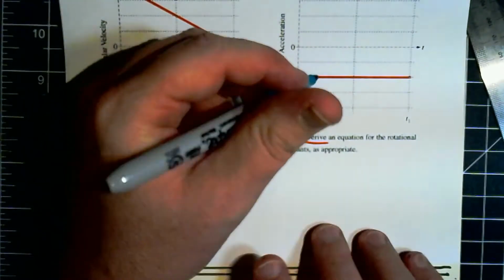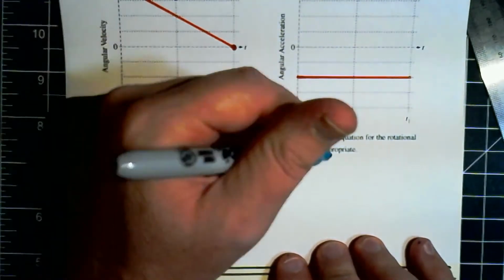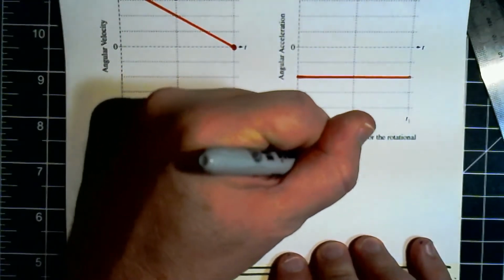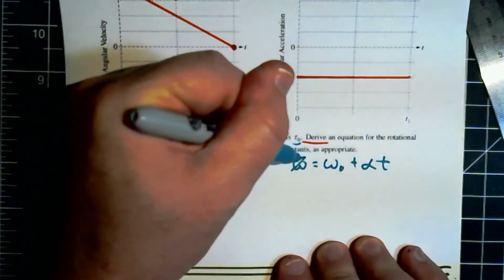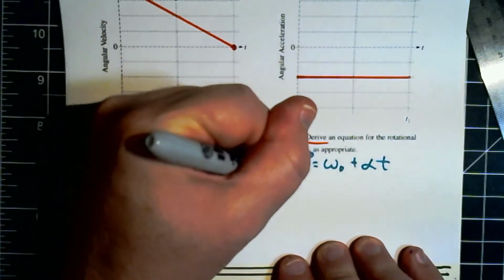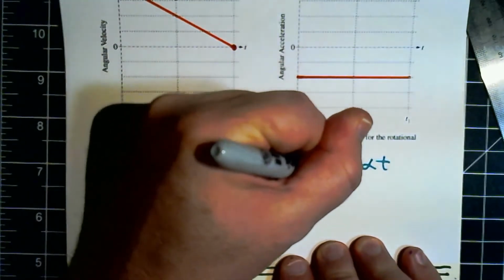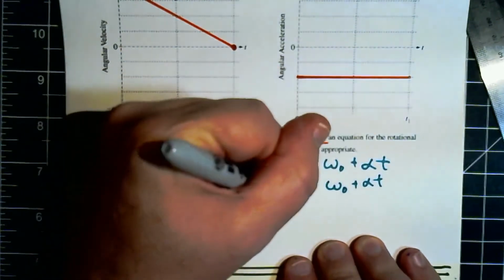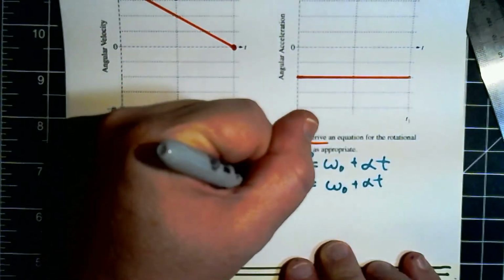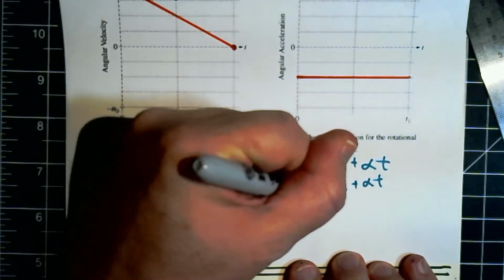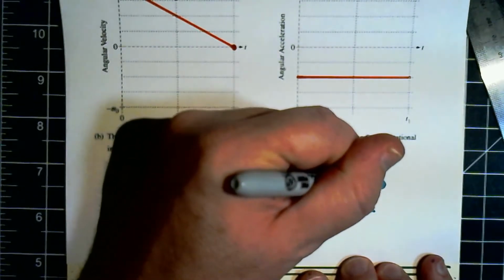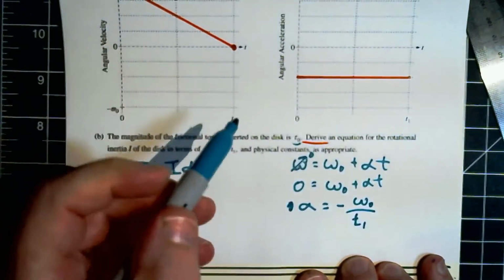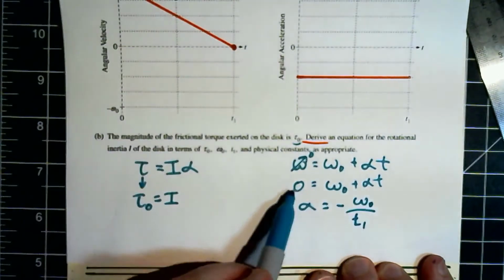So for alpha, because it is a constant acceleration, I'm going to use a kinematic equation. Omega is equal to omega naught plus alpha t. The final speed, because it comes to rest, is 0. So we have 0 is equal to omega naught plus alpha t. When I rearrange and solve for alpha, alpha is equal to minus omega naught over t, and in this case the t is actually t1, when it stops. So at t1, the speed is 0.